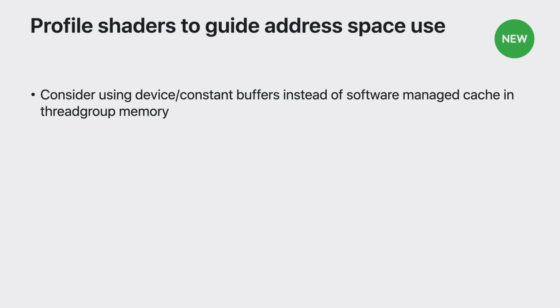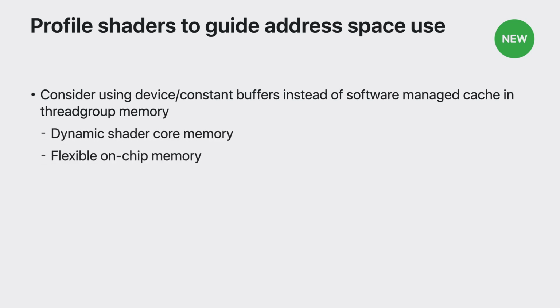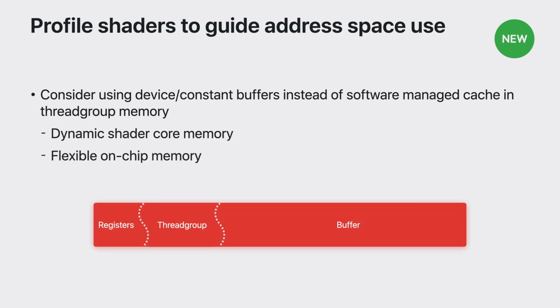In your shader, if the use of thread group memory is primarily to use as a software-managed cache of device or constant buffers, then it may be more performant to read directly from those buffers instead of copying to thread group memory. With Apple Family 9 GPU's dynamic shader core memory and flexible on-chip memory features, thread group, device, and constant memory types are using the same cache hierarchy.